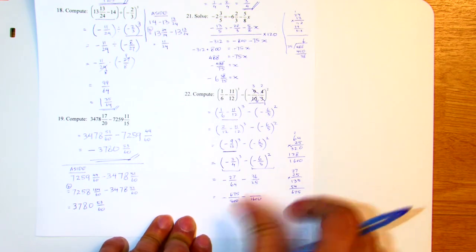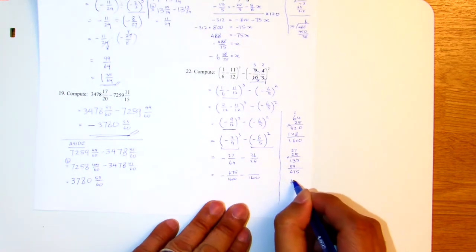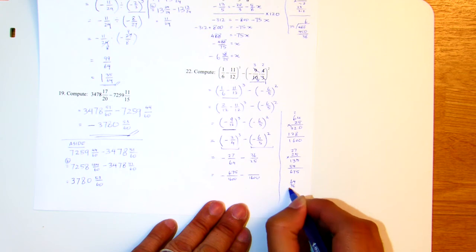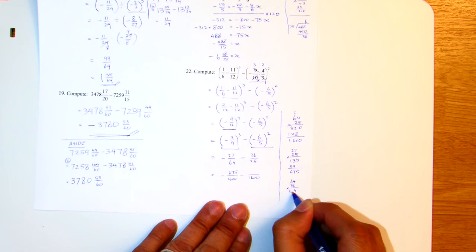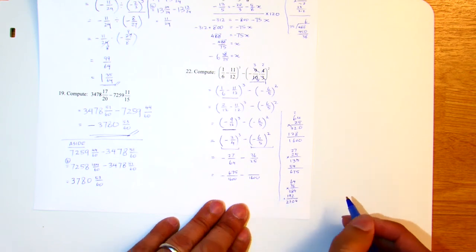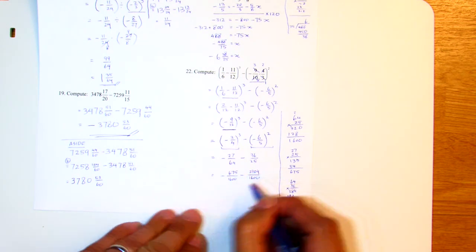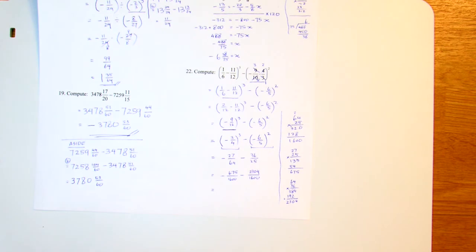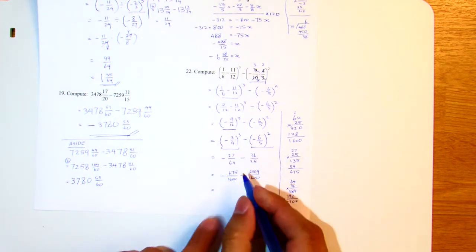So 36 should be multiplied by 64 as well. There will be 2304. Now I need to compute this, because I am basically adding two negative numbers.